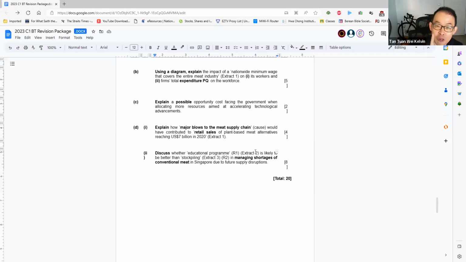That's the first clue. The second clue, again, if I'm not sure, when you read the case study, you realize that there's nothing in the case extract that talks about misperception, talks about imperfect information. So it will take a very weird point to force imperfect information into D part 2.